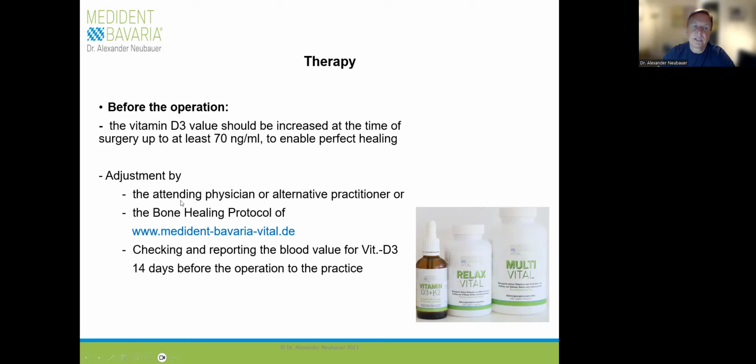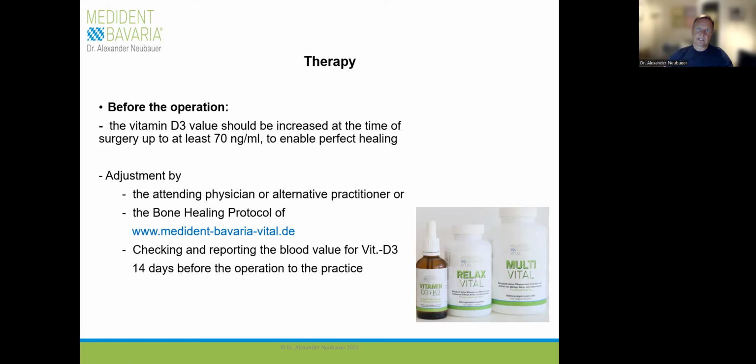So how can we do that? You can adjust your vitamin D3 level by attending your physician or alternative practitioner, or you can also use our bone healing protocol. We have designed it especially with the right vitamins and nutrients in order to create a high level of everything that is needed within 4 to 6 weeks.